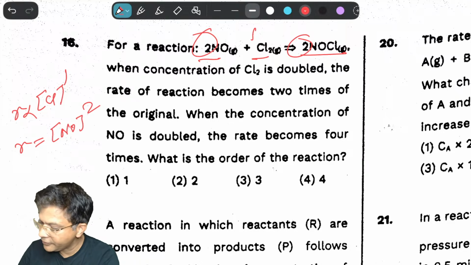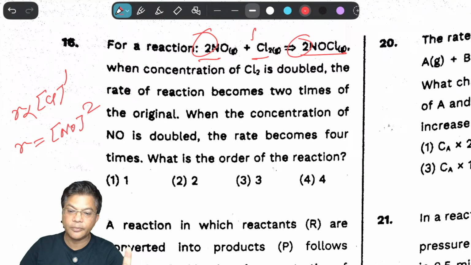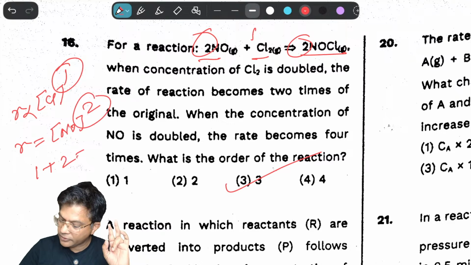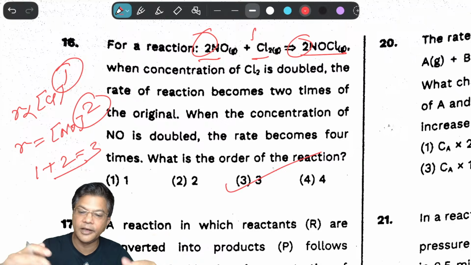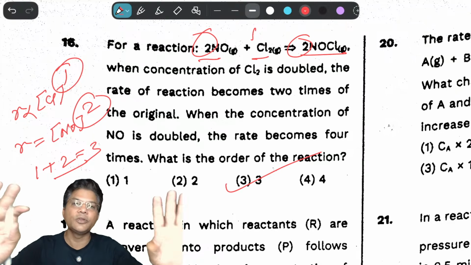What is the order of reaction? The answer will be C, third: with respect to Cl2 it is 1, with respect to NO it is 2, 1 plus 2 comes out 3. Once the answer is clear, always show me green signal. If not clear, show me fire, so that I can understand.